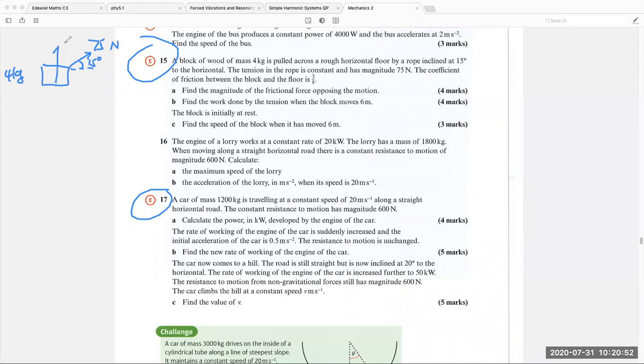So there is normal reaction upwards, and there's also weight downwards. And also there's a friction to the left. So these are all the forces that you can draw.